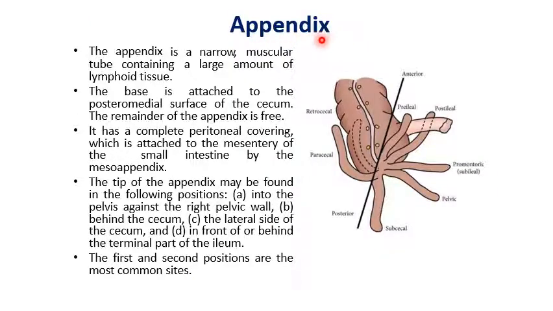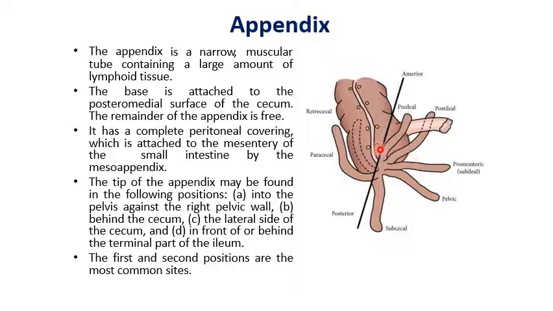Now we come to appendix. See, appendix is a narrow muscular tube which contains a large amount of lymphoid tissue, and the base is attached to the posteromedial wall of the cecum. So only its base is attached and the remainder part is free. Whatever is the rest of the part, that is free.